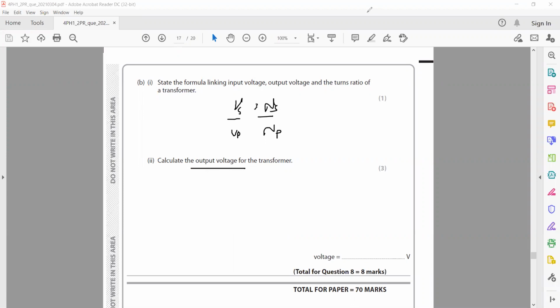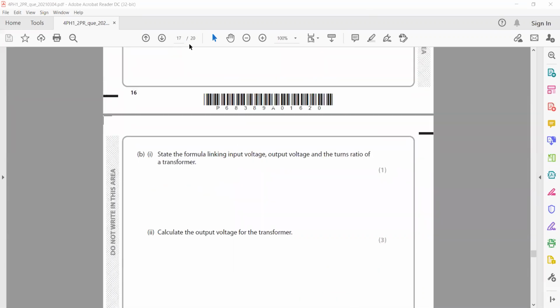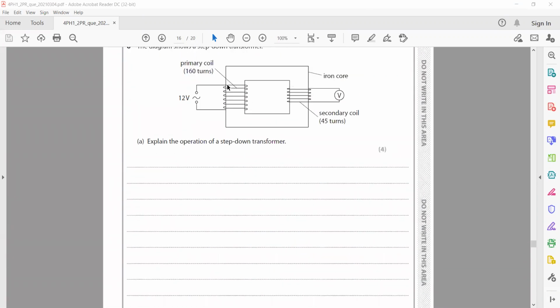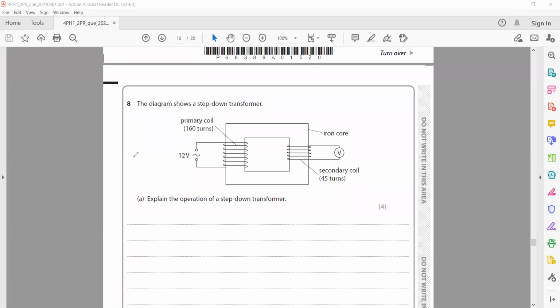Calculate the output voltage. So we need Vs. Vp is given, the voltage of the primary. Vs is unknown. The number of turns of the secondary and the number of turns of the primary are given. So we use the formula Vs over Vp is equal to Ns over Np.